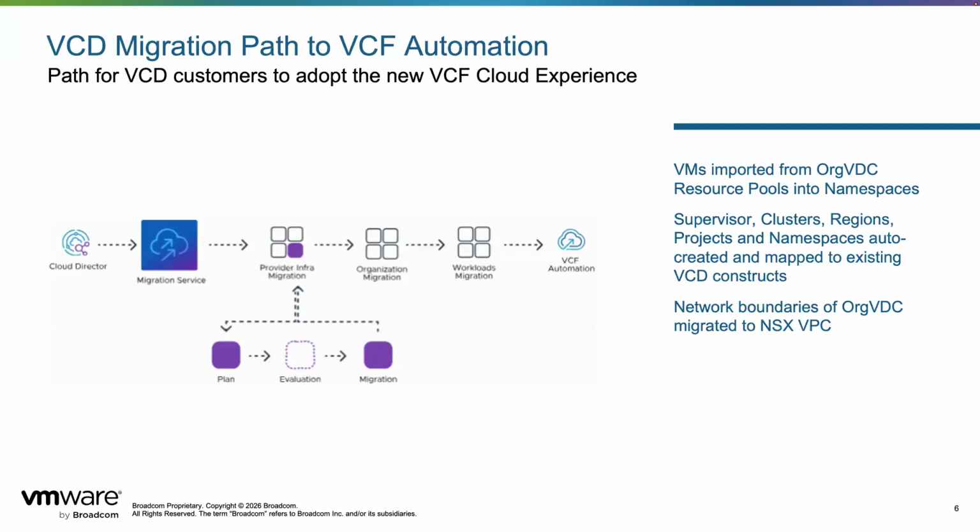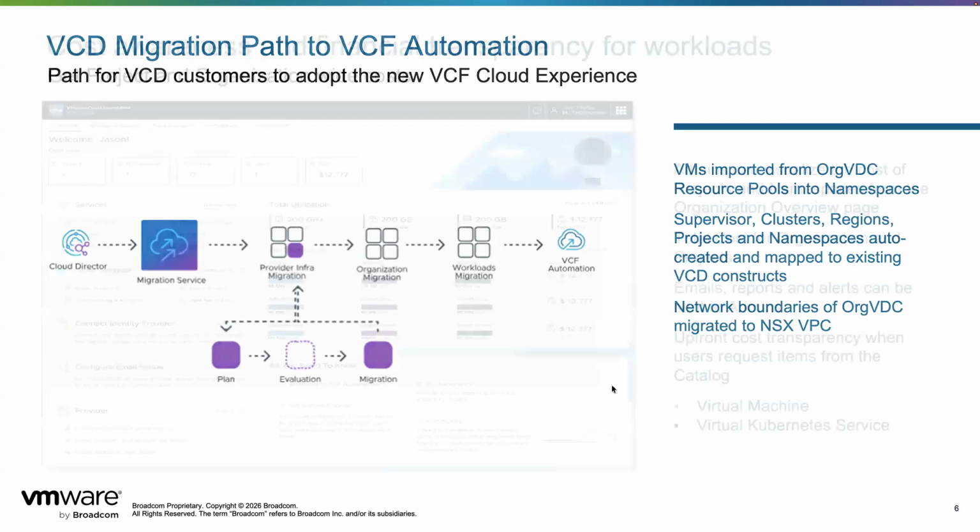So VMs are imported from the ORVDC resource pools into namespaces inside of VCF Automation, clusters and regions and projects. And ultimately, namespaces inside of VCF Automation will be the targets for things that get moved over. Anyway, just be aware that this is available.